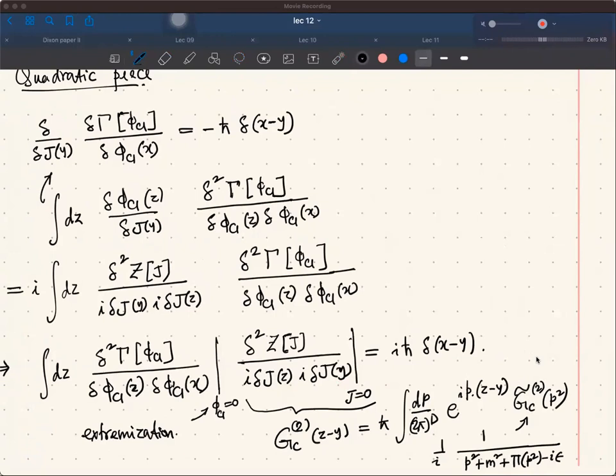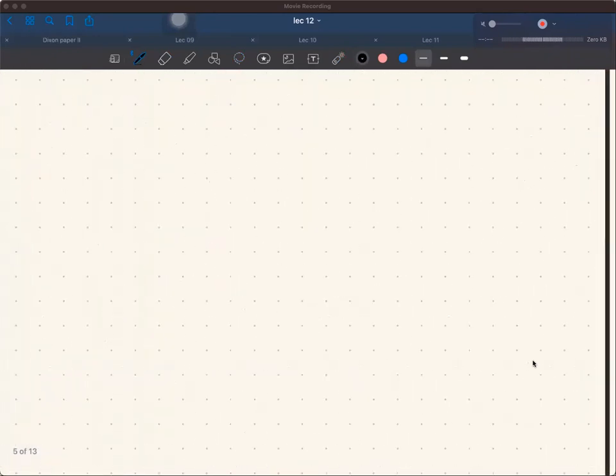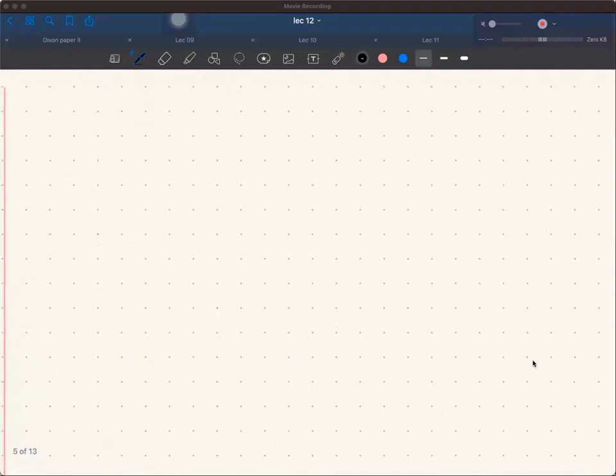We shall use this, but to write it more systematically, to do the inversion, we take a power series form of the effective action.